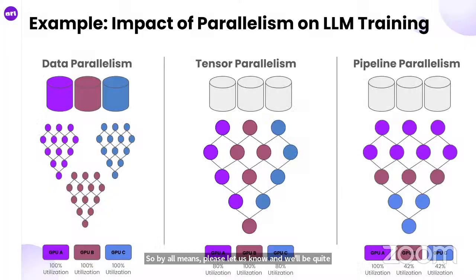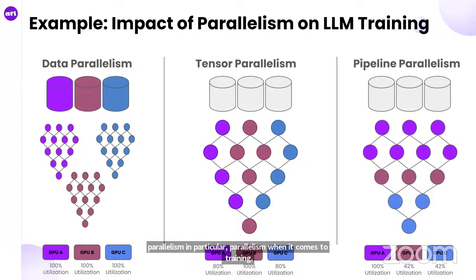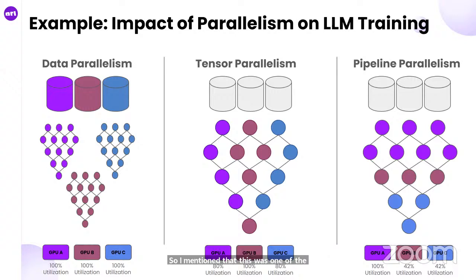Right, so let's have a look a little bit at parallelism, and in particular parallelism when it comes to training. I mentioned that this was one of the key steps in the performance analysis roadmap, because it's something that is fairly easy to tweak and change and can sometimes yield very spectacular results. Very briefly, I'm going to explain the key methods of parallelizing an AI workload.